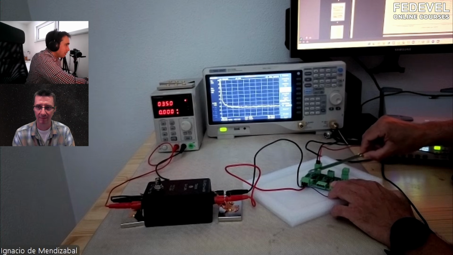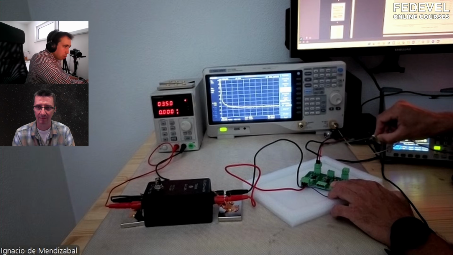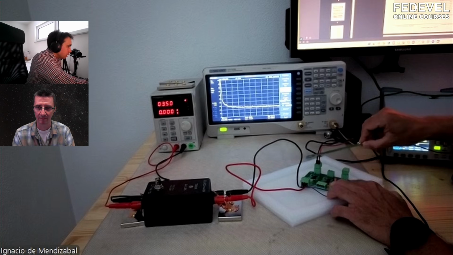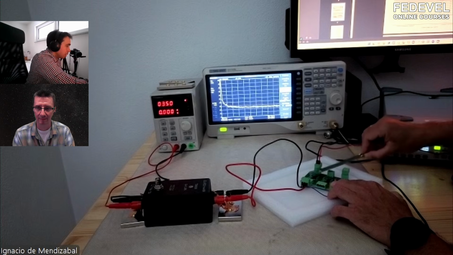If I place it very close to the cables, I am measuring nothing. Nothing is really changing, not at the input, not at the output. But when I place it very close to the circuit, the amplitude of the signal is changing.